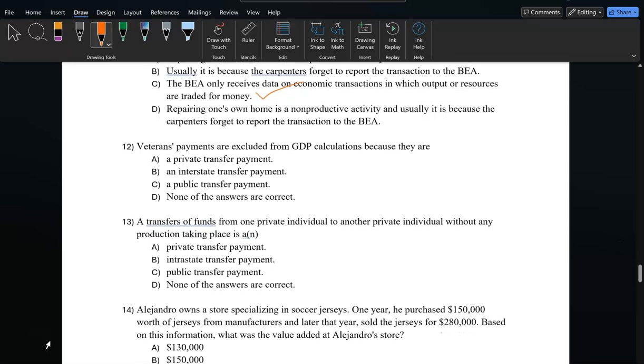Question 12, veterans payments. These are included as social security payments, and these are examples of public transfer payments. Even though these are government expenses, nothing productive comes out of veterans payments as per the definition, and as a result it's excluded from the GDP calculation.